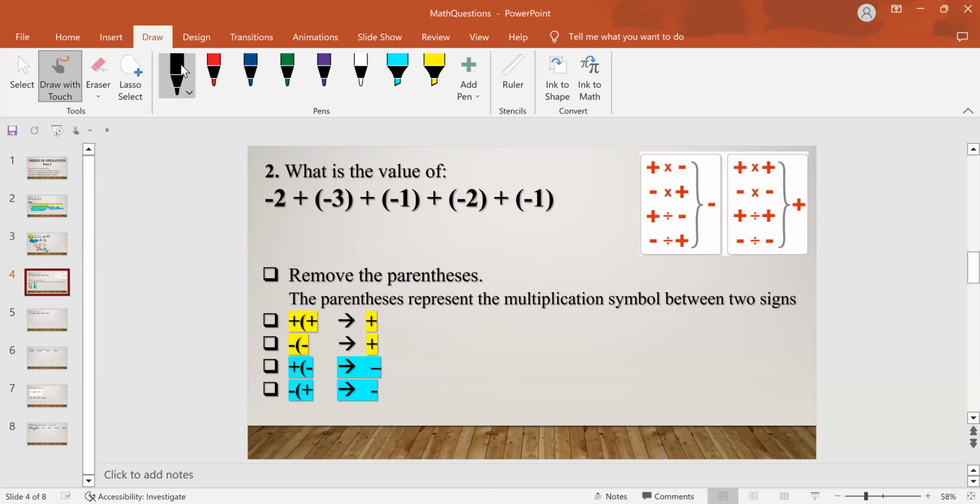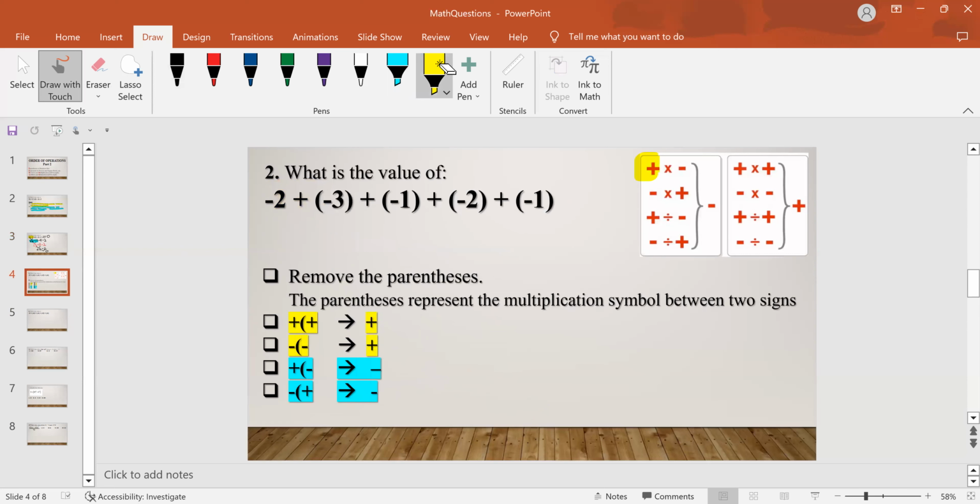Okay. Every time we have a positive number multiplied by a negative number, the result is negative. You have a negative number multiplied by a positive number, the result is negative. You have a positive divided by negative, it is negative. Negative divided by positive is negative.